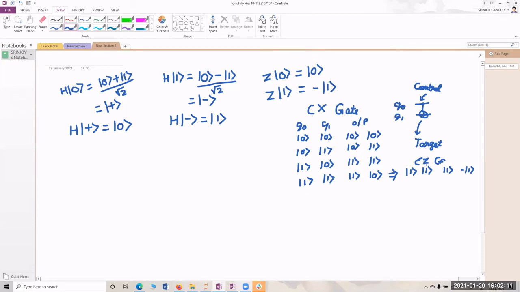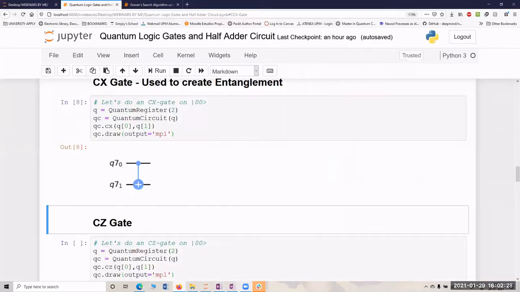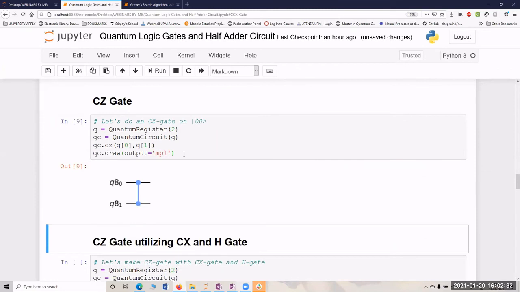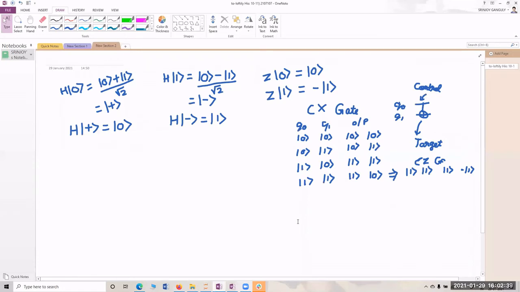What is the meaning of control and target in quantum circuits? Yeah, let's go further. So that's the CZ gate, and you can show the CZ gate like this, or like this also.